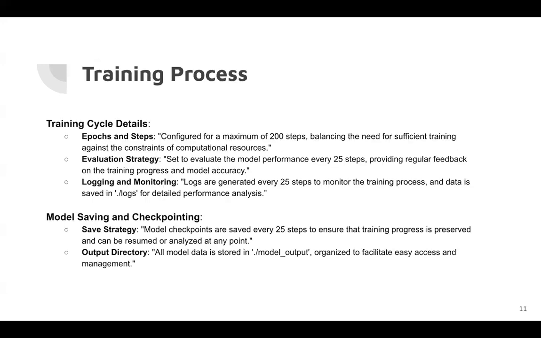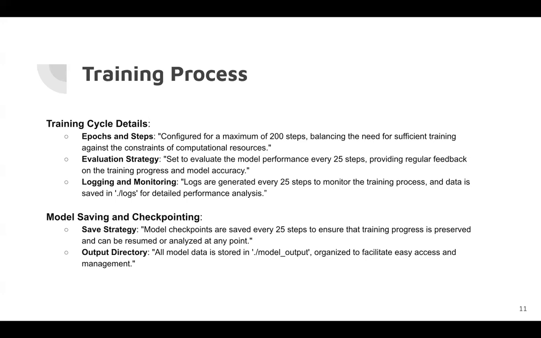After preparing for training, we began the actual training process, which is central to our project. The training of the model was meticulously planned and executed. We set a batch size of 1, and then the training cycle details include a maximum of 200 steps, which balances the need for sufficient training against the constraints of computational resources.